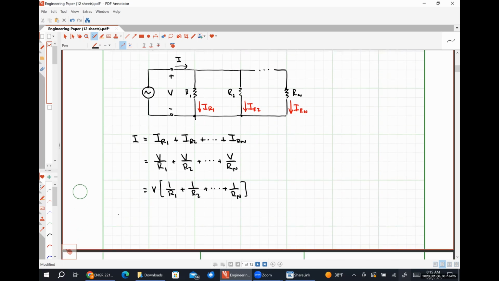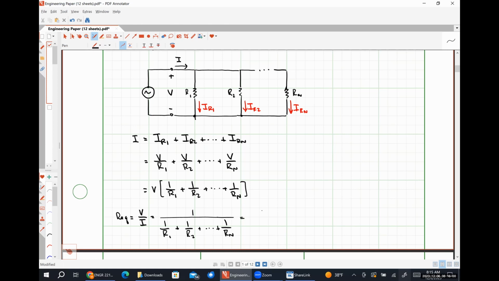My equivalent resistance, Req, is then simply going to be the ratio of V to I. So effectively, I'm going to divide both sides through by I, and then divide both sides through by that sum of the reciprocals. And so that's going to give me 1 over R1 plus 1 over R2 all the way out to 1 over R sub n.